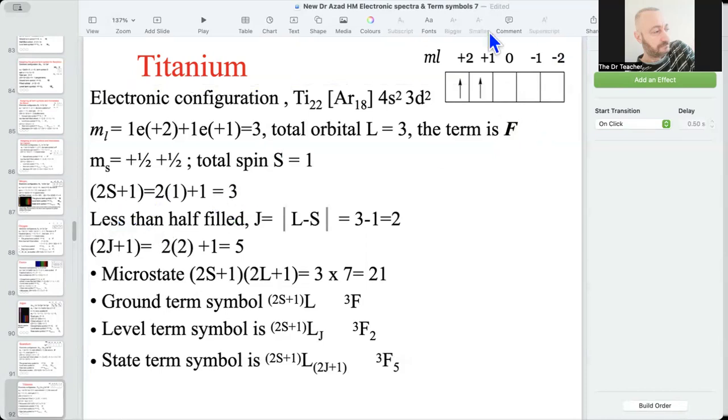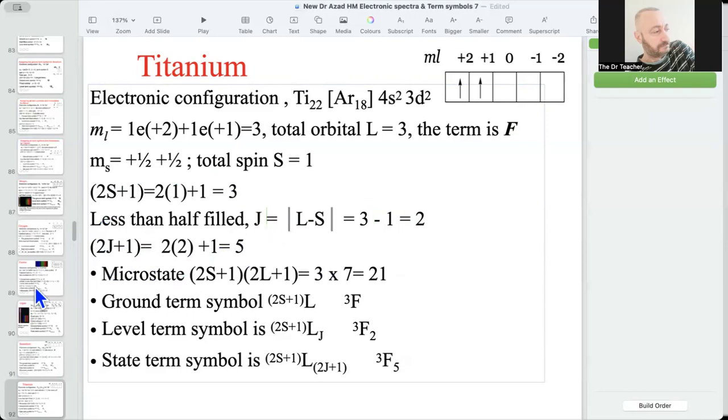Now, because it's a less than half-filled shell, you apply J equals L minus S. In this case, L is 3, S is 1, the remaining will be 2. So now you have J equals 2. Now we continue to have the value of 2J plus 1. You just apply 2 times 2 plus 1, which will be 5.